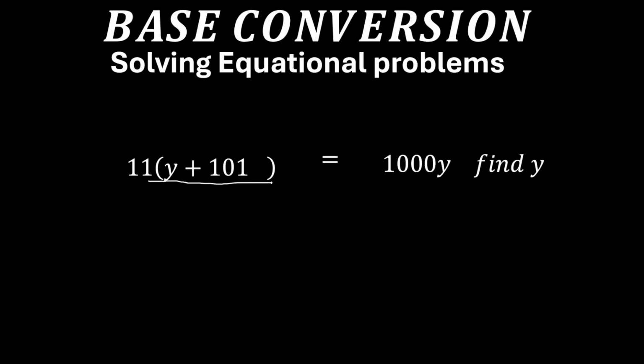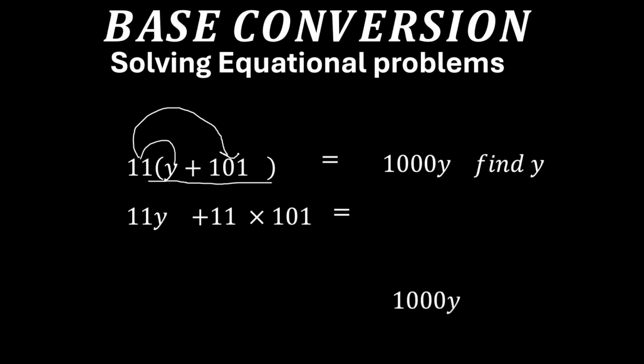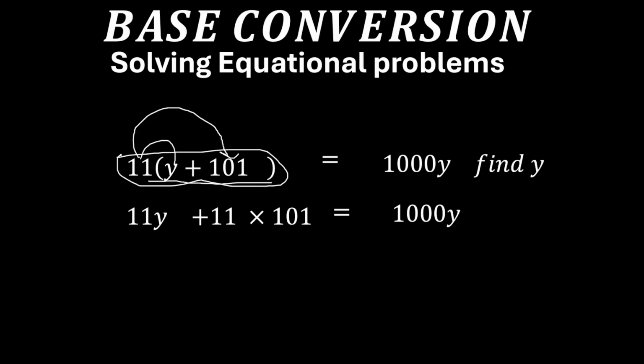Once we open the bracket, what are we going to have? 11 will multiply the y, and also 11 will multiply the what? 101. Then we are going to have something like this, then is equal to that. You remember that initially all of this together formed a single term, because every number in a single bracket, we refer to as a single term.